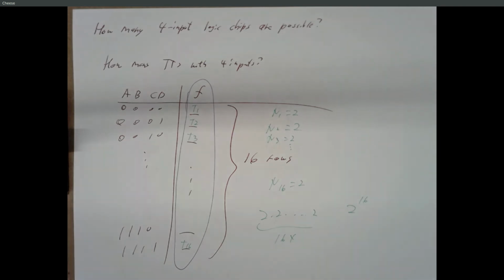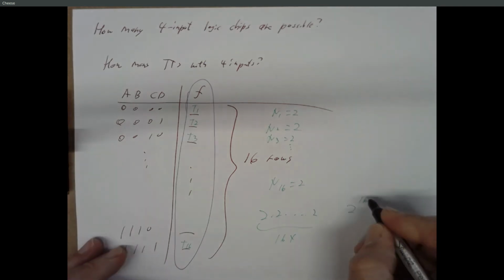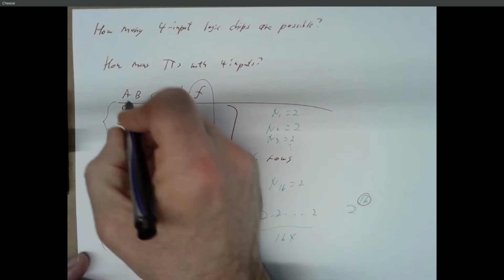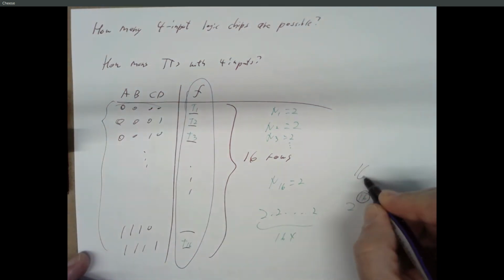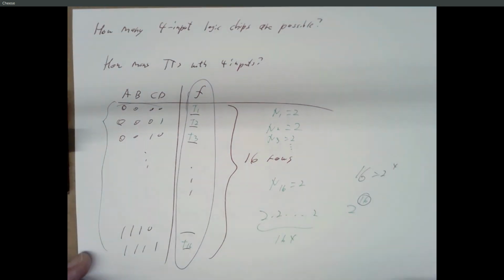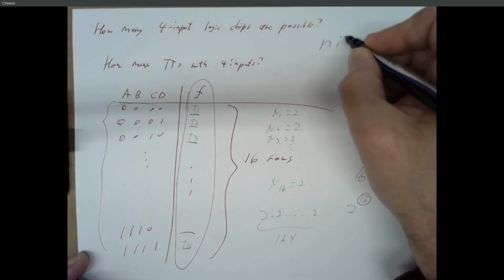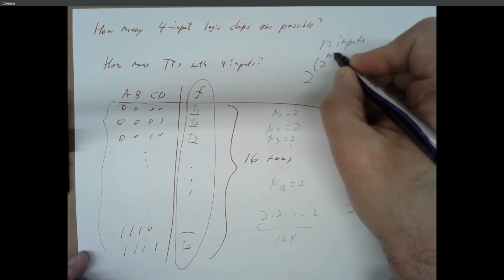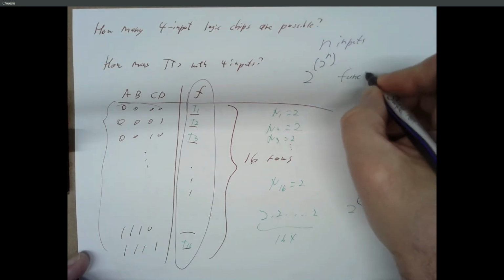And remember the 16, that was the number of rows, right? The number of combinations of these 4 inputs. This was actually 2 to the 4th. So in general, if you have n inputs, you have 2 raised to the quantity 2 to the n functions.